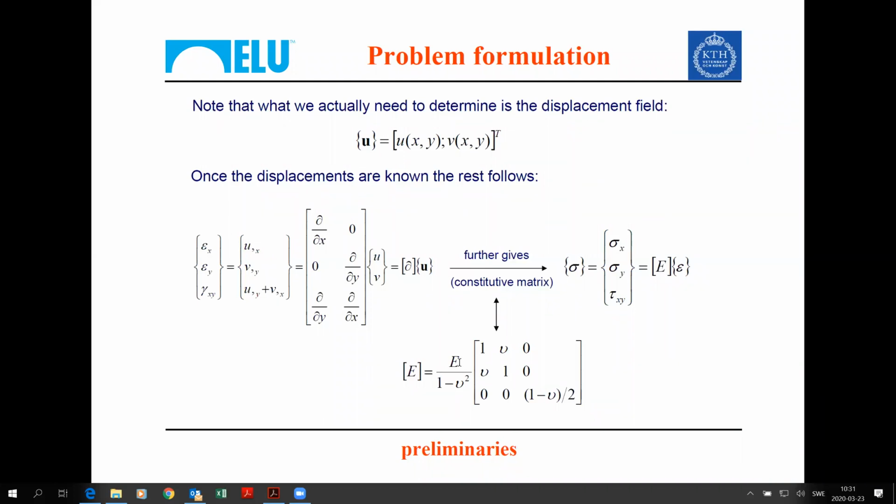We no longer have just one constant, the E modulus. We are also dealing with Poisson's coefficient, and the matrix E, as I said, for plane stress problem looks like this.